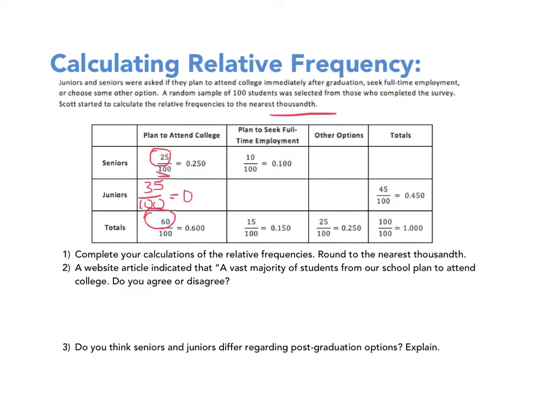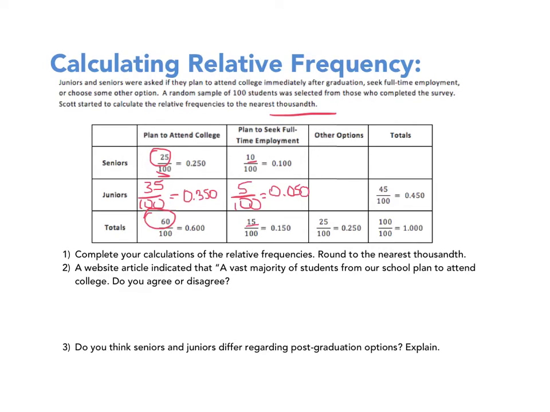So my relative frequency here would be 0.350. Moving on to the next one, we are missing the juniors' responses for who plans to seek full-time employment after graduation. Well, we have 10 and we have 15, which means we're missing a 5 out of 100. So my relative frequency for that, when I divide 5 by 100, is going to be 0.05.